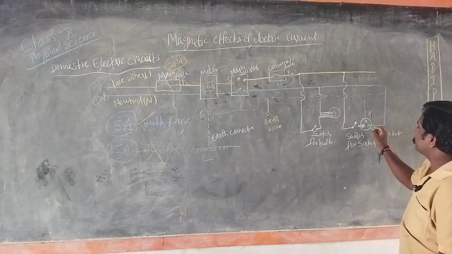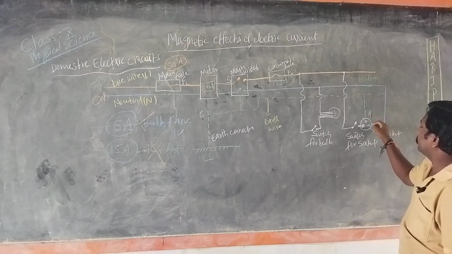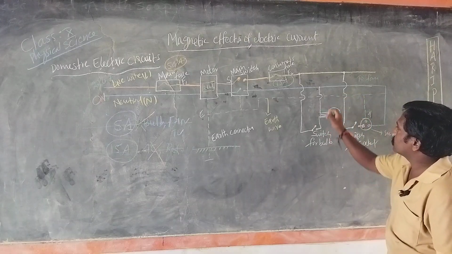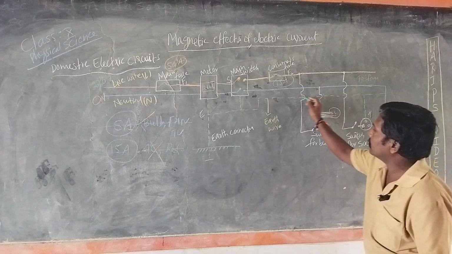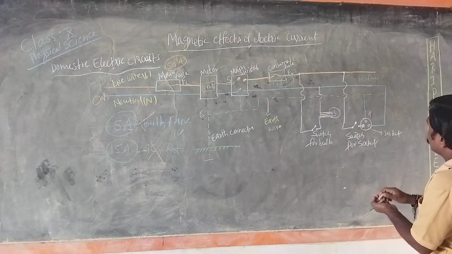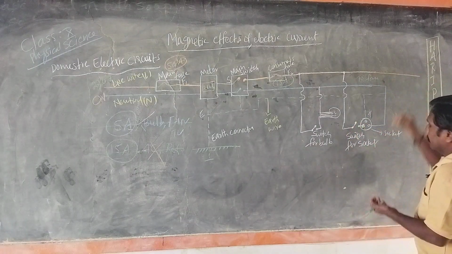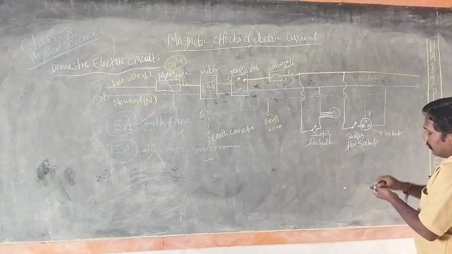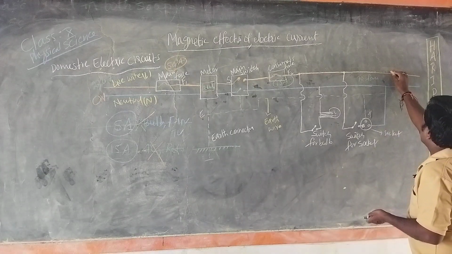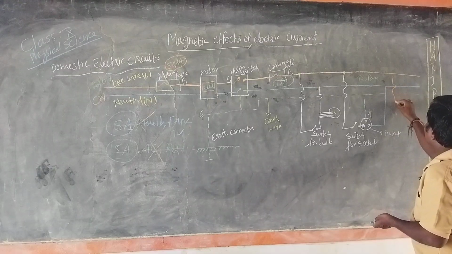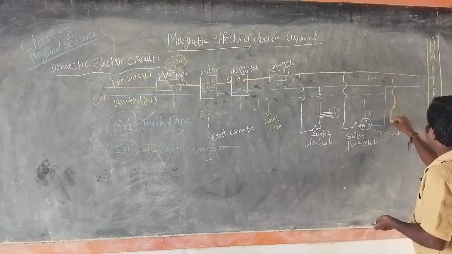See here, the 3-pin socket and the switch also have a connection with the earth wire. If we want to give a connection to the fan, for example, from the main supply we also need to give the connection.